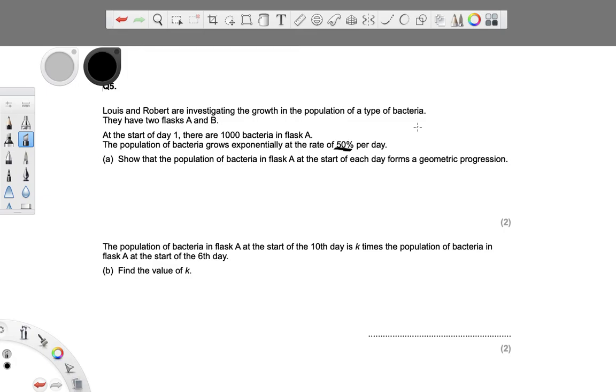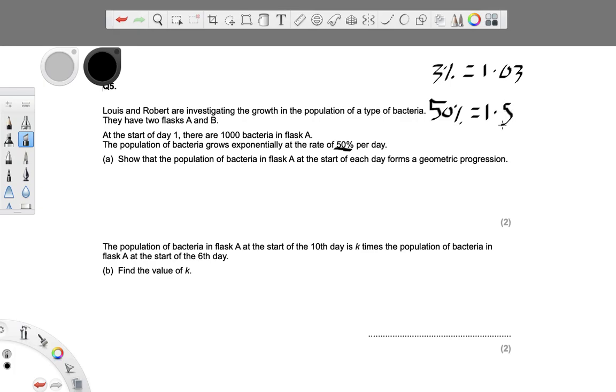So when we have percentage increase questions, usually, if it was a 3% increase, we write that as 1.03. That's what we would multiply by. So we've got 50%, so we will be multiplying by 1.5.